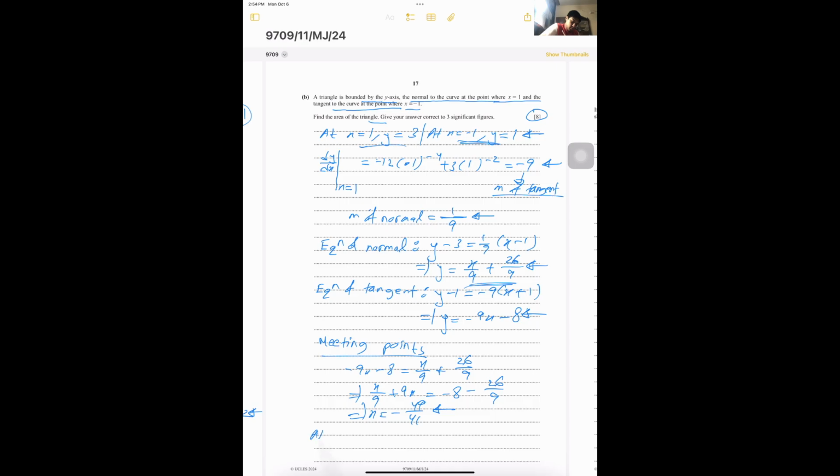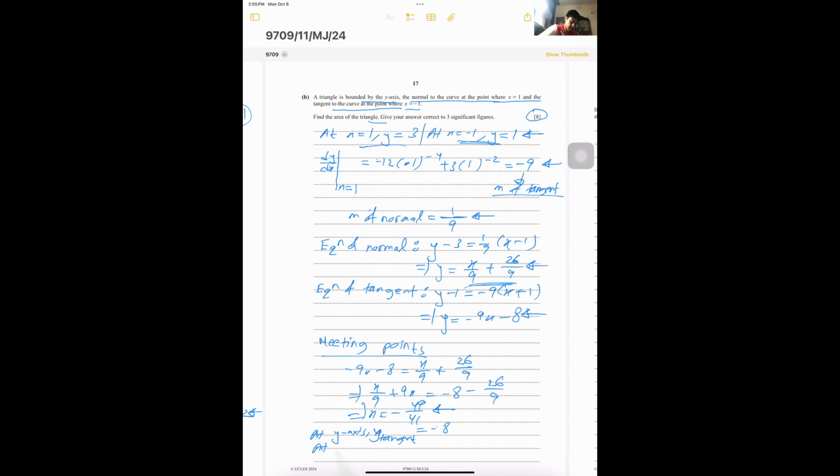At the y-axis, where the tangent is intersecting, y of the tangent is equal to minus 8.